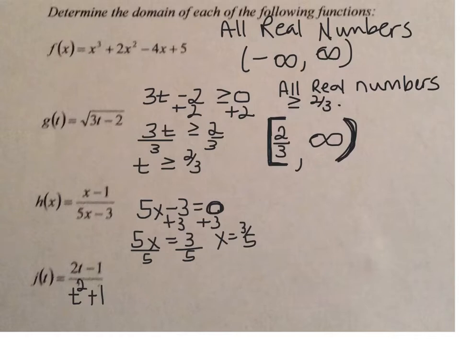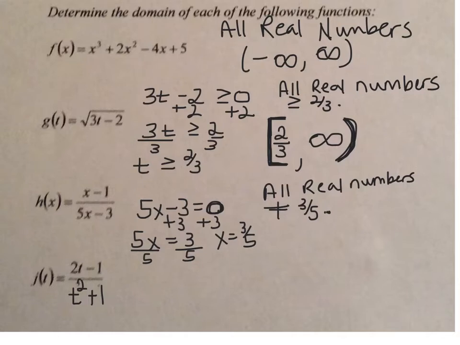So I can say that my domain is all real numbers not equal to 3/5. Or if I want to say this in interval notation, I can include everything except 3/5.